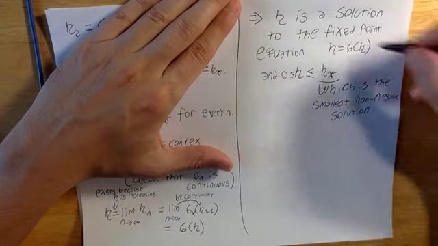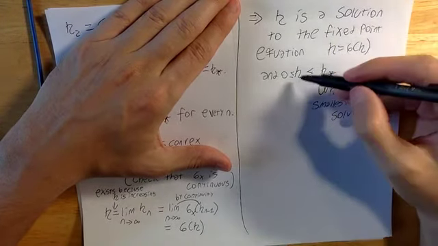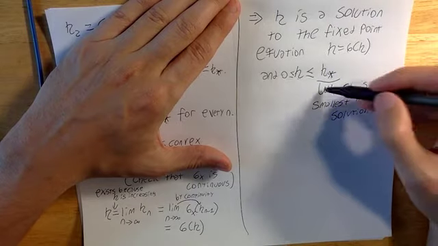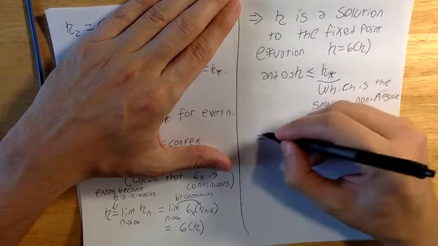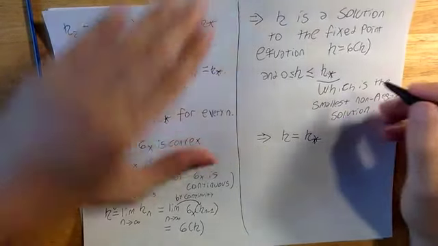So if we have a non-negative solution which is smaller than the smallest non-negative solution, this implies that η is equal to η*.